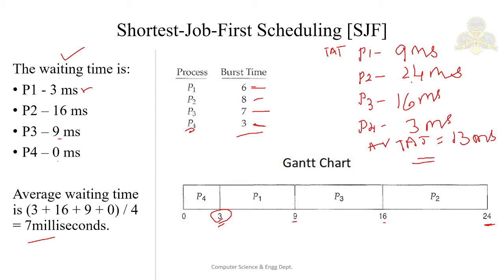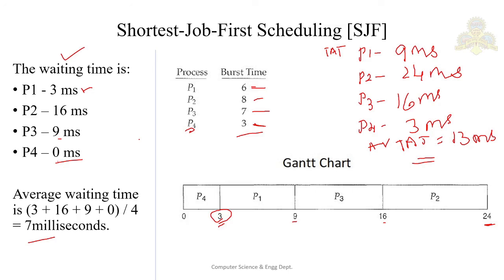The turnaround time is 24 minus the burst time, which is 8. 24 minus 8, again 16 milliseconds is the waiting time for P2. P3 turnaround time is 16 minus 7, that is 9 milliseconds waiting time, right? For P4, 3 minus 3, it comes up to 0. Fine. This is how you calculate using the formula.